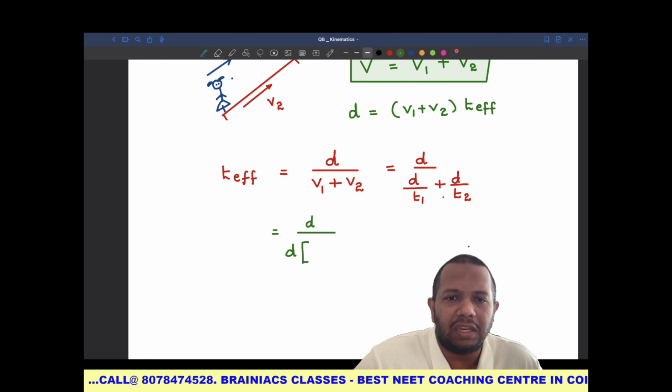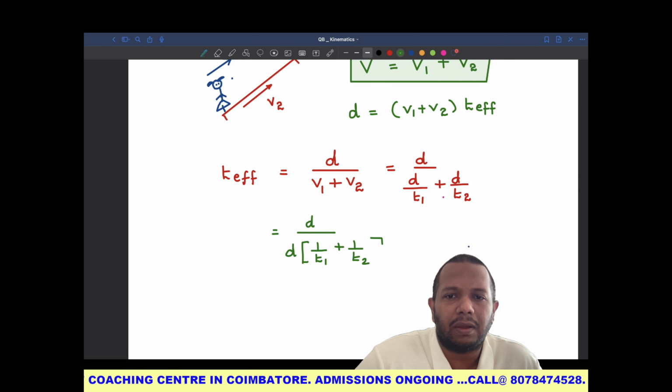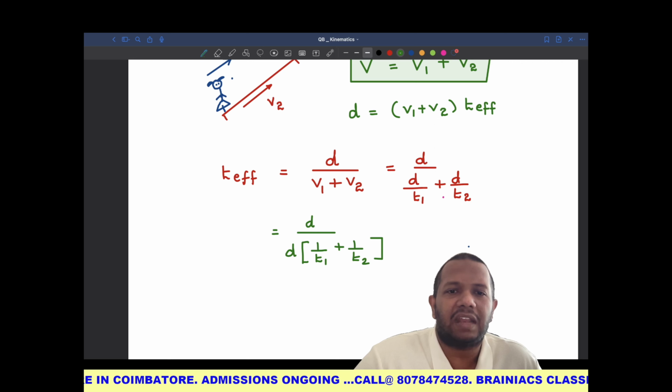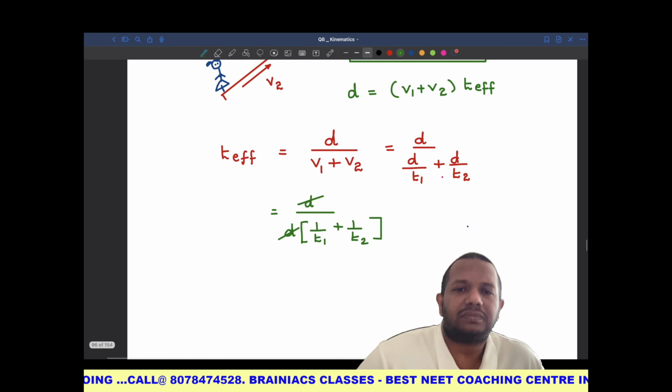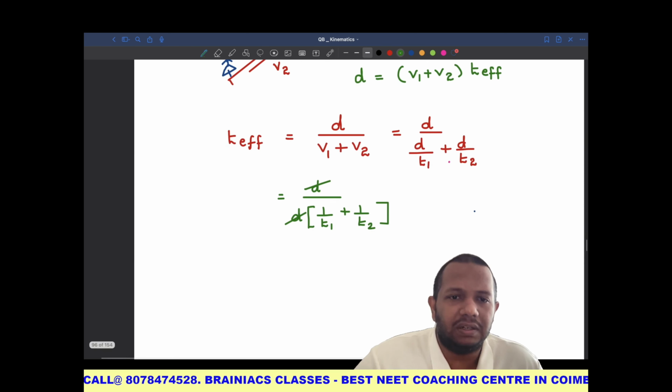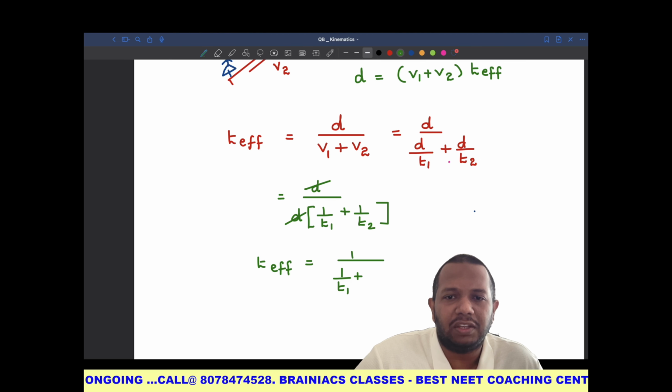So it will automatically become 1 by t1 plus 1 by t2. So we can cancel this one. I can say t effective would be equal to 1 divided by 1 by t1 plus 1 by t2.